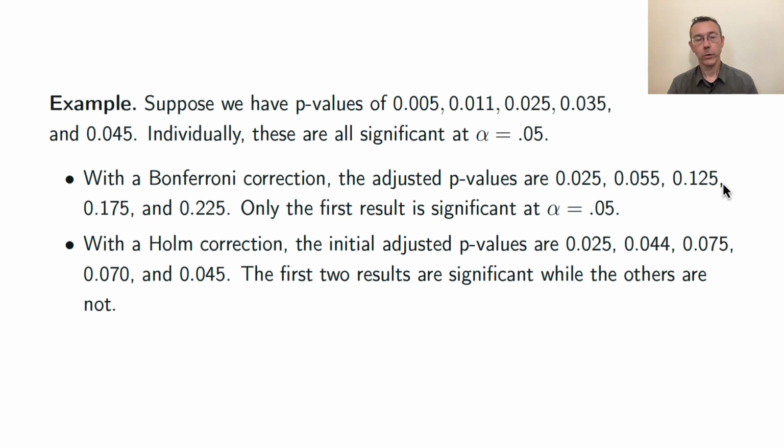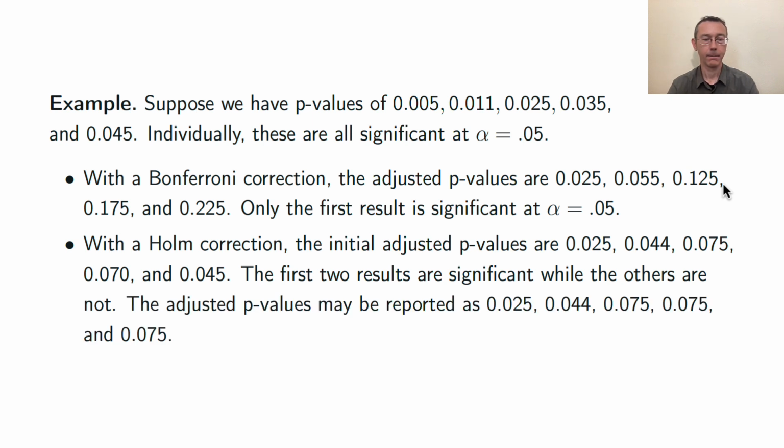Now let's do a Holm correction. We multiply the first p-value by 5. That's where the 0.025 comes from. We multiply the second one by 4, 0.044. The third one by 3, the fourth one by 2, and the fifth one by 1. And using the Holm correction now, the first 2 results are considered statistically significant at alpha equals 0.05, while the others are not.